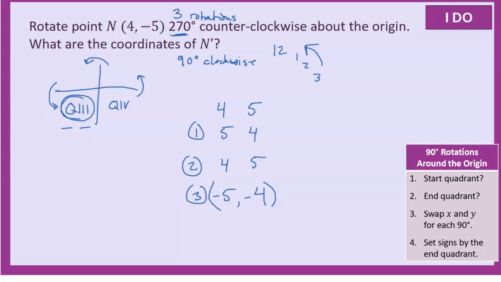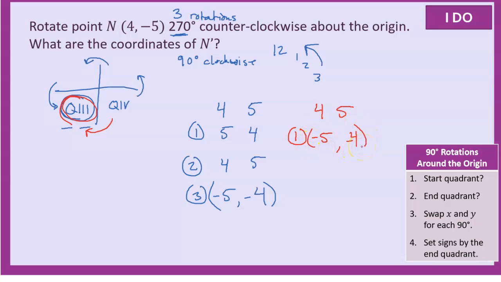Instead of going 3 that way, you could have gone 1 this way and ended up in the same place. Notice if we do that, we still have an end quadrant in quadrant 3, but now we're only doing 1 rotation, which means we only swap once, and we still end up with 5, 4. We say 2 negatives in quadrant 3, so negative 5, negative 4, and we're done.